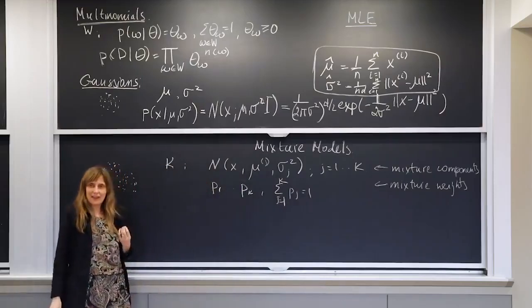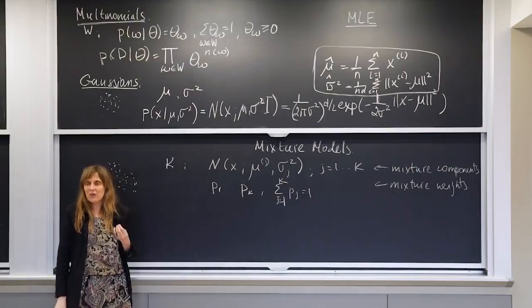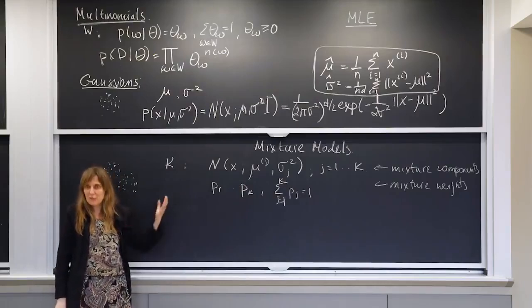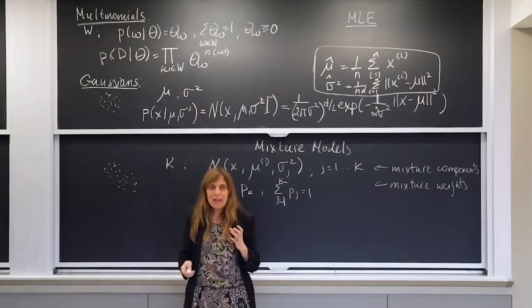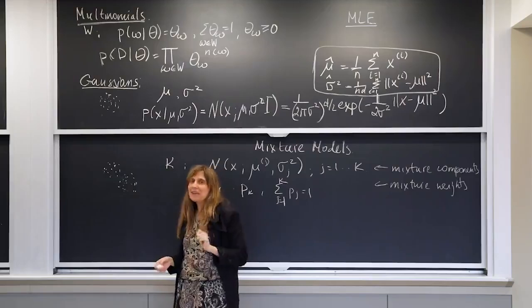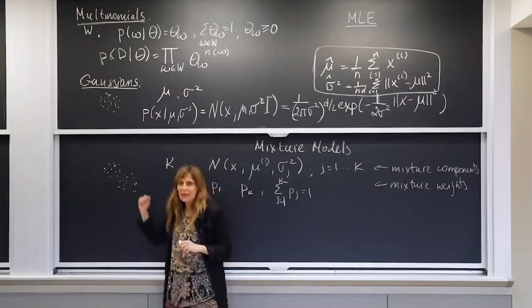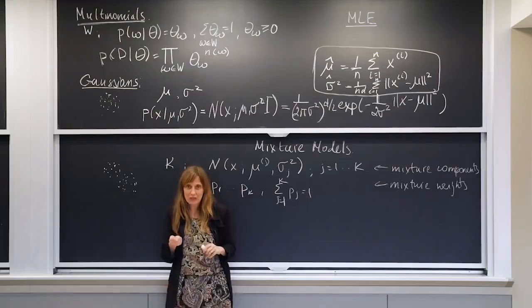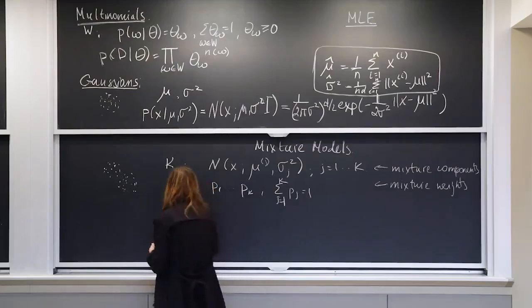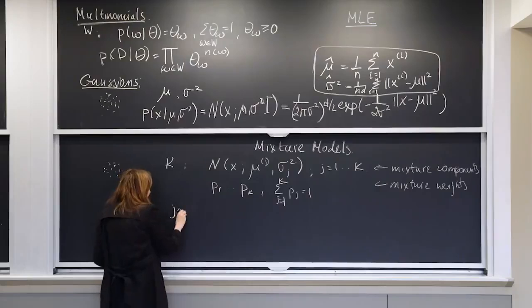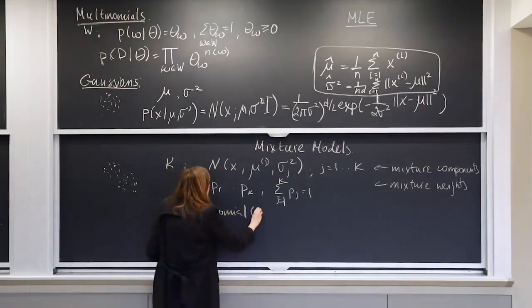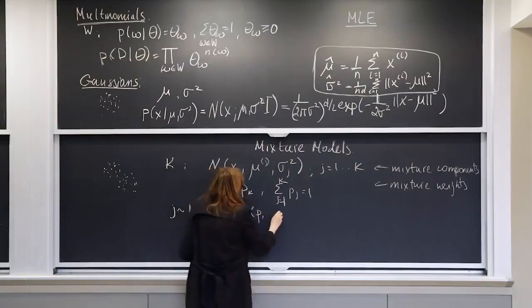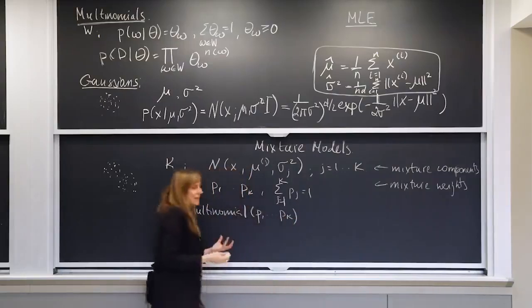And we can think about the process of generating a point with this mixture model as a two-step process. In the first step, you throw your dice and decide which one of the mixture components is used to generate our point. So we first draw from our multinomial, selecting a particular cluster.